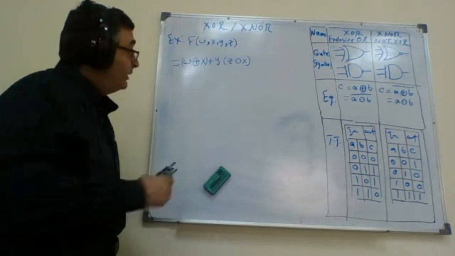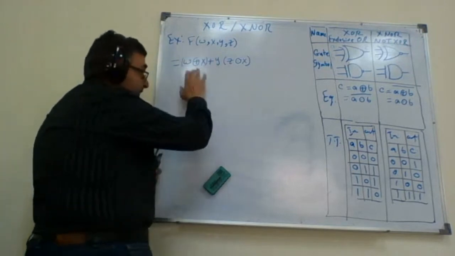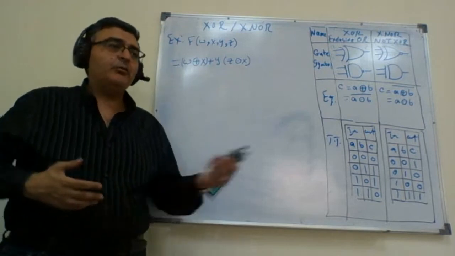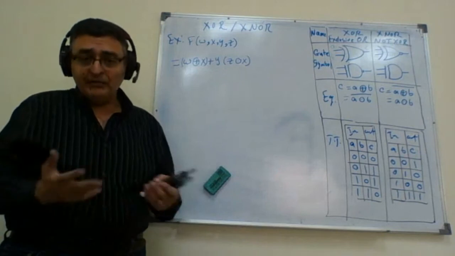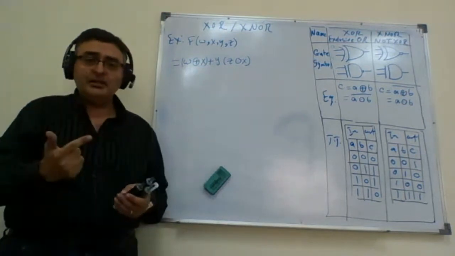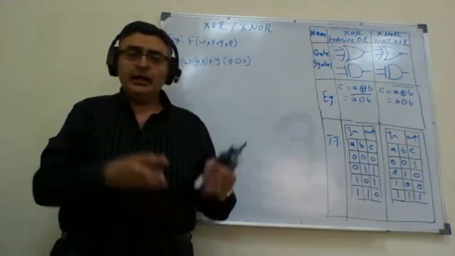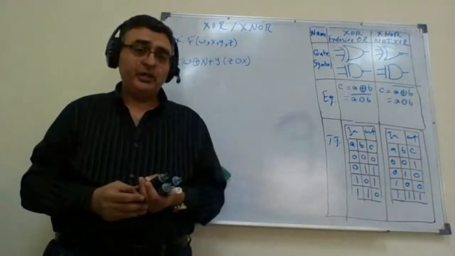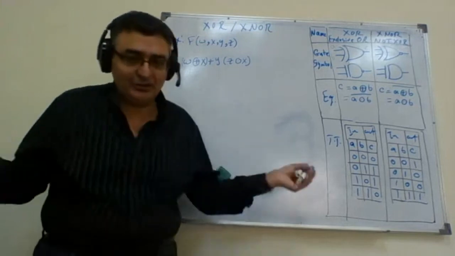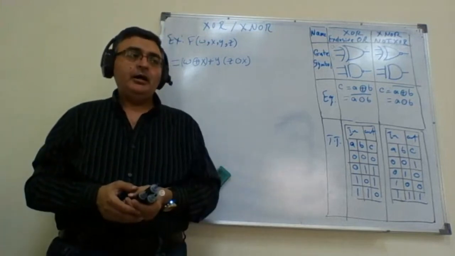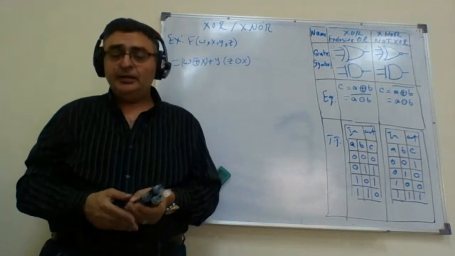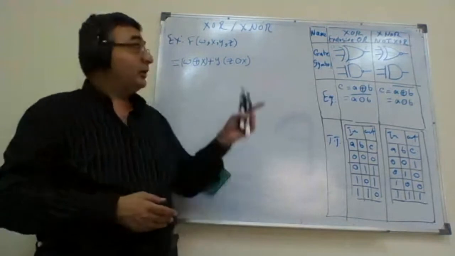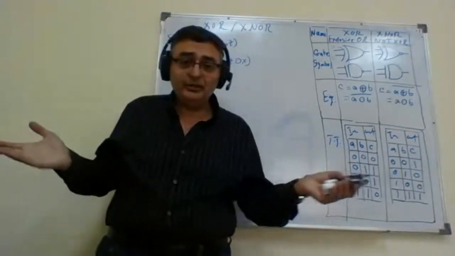The equation of f as it is written here, I cannot claim that it is in sum of products or product of sums. For sum of products, I need literals bound with an AND and terms bound with an OR. Is this satisfied here? The answer is no. For POS, I need literals bound with an OR and terms bound with an AND. Do I have it here? Not either.